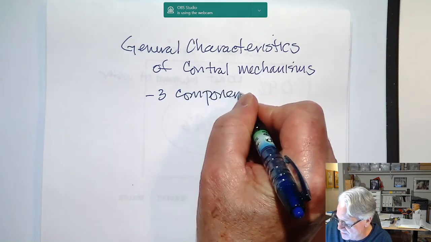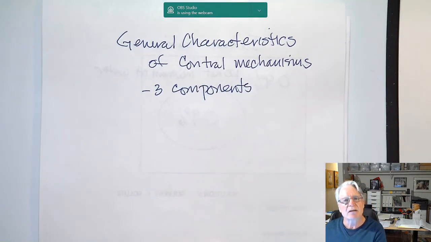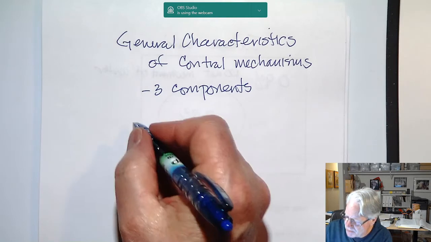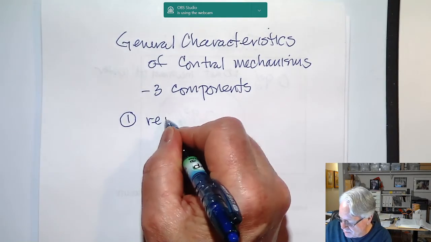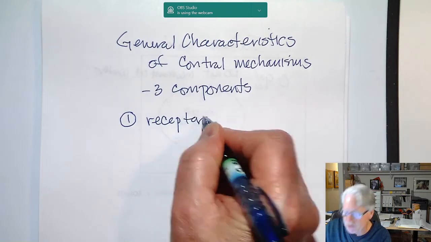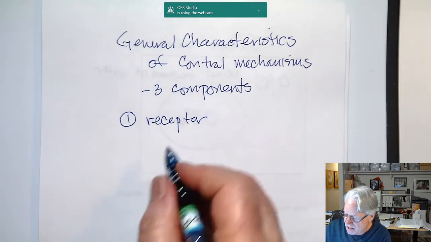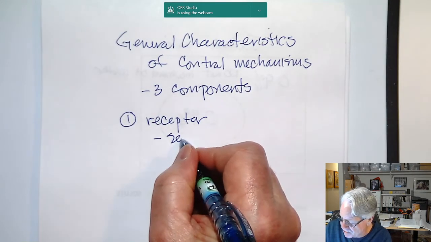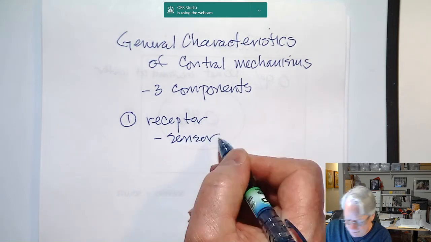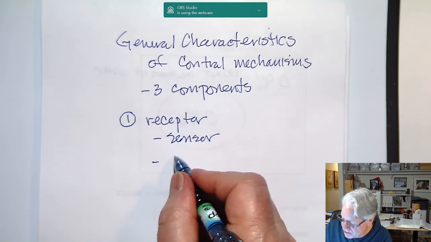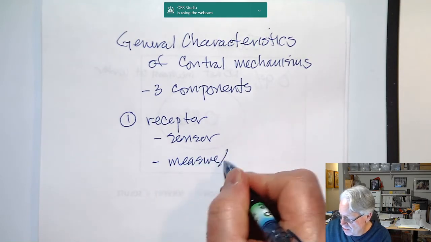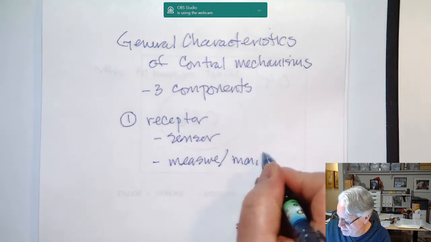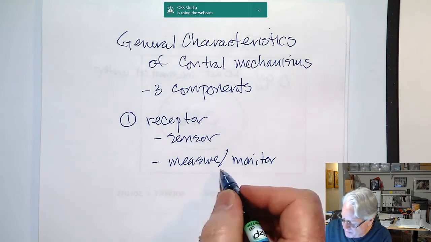These components are, number one, a receptor. This is the terminology we're going to be using. A receptor. What is that? It's going to be some sensor. And this is going to be able to measure or monitor the variable.